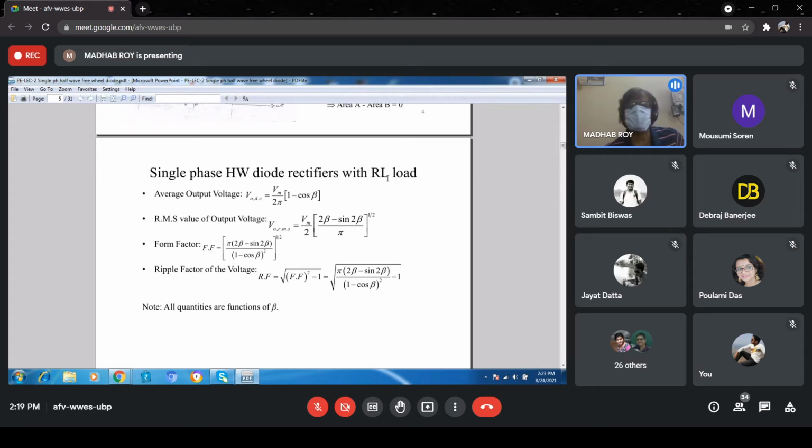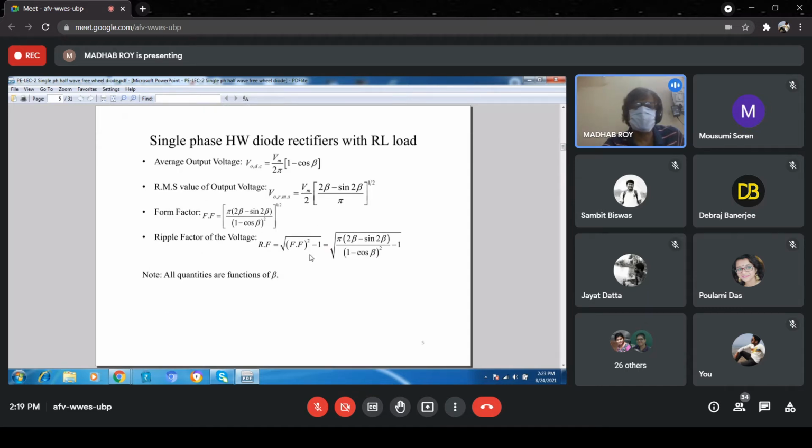Here the only improvement is the inductance load, but the definitions are all the same as explained in the earlier case. So these are the factors: ripple factor, form factor, output voltage, and so on.